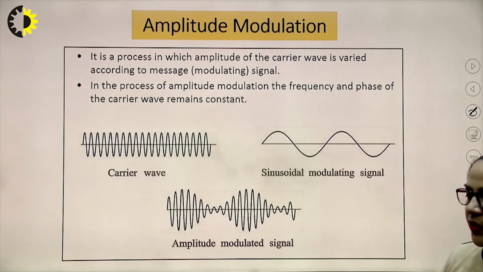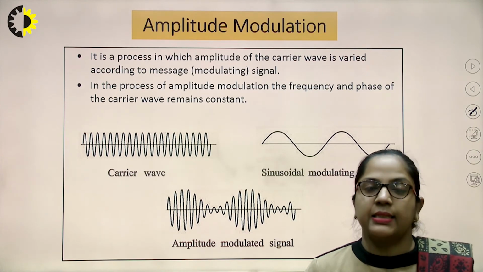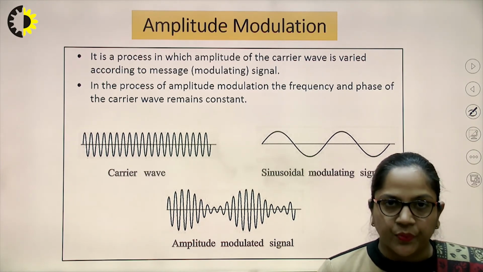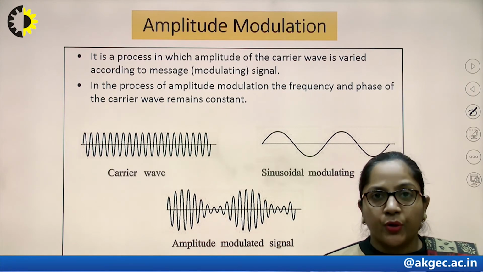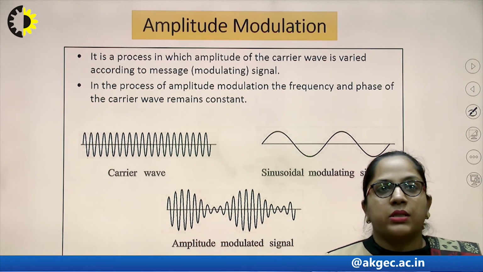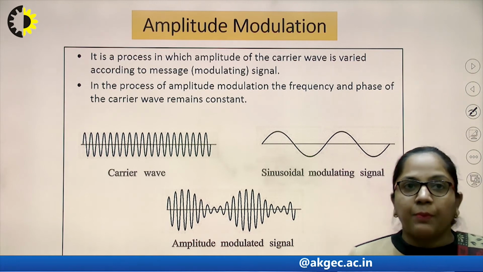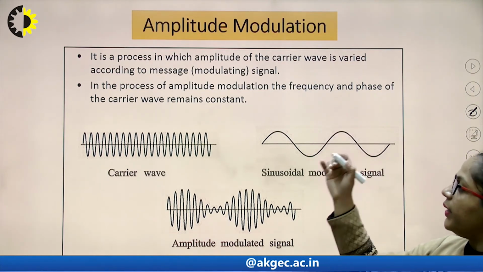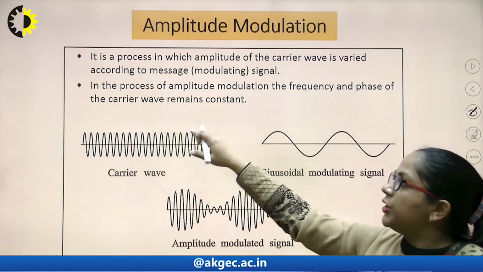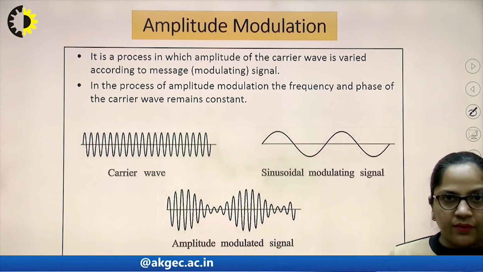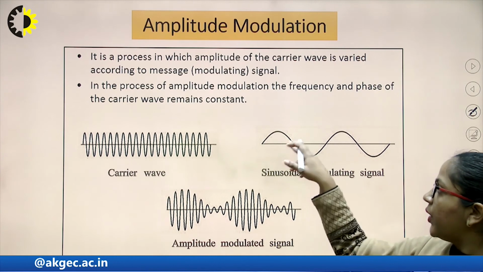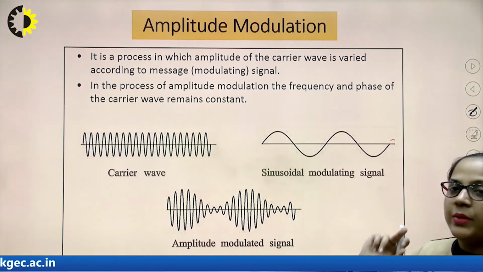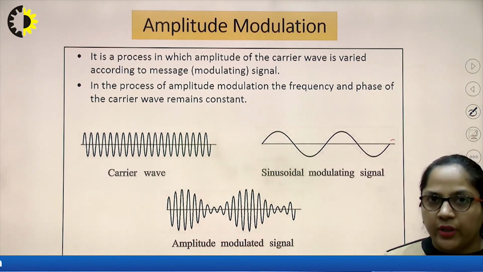So first we are going to discuss in detail amplitude modulation. As I was saying, what is amplitude modulation? It is a process in which the amplitude of the carrier wave is varied according to the message signal, the information signal, or the modulating signal.